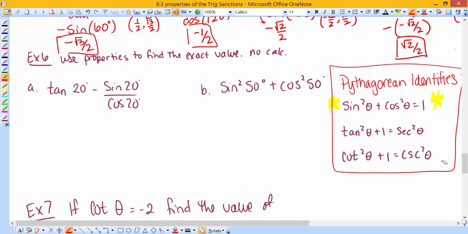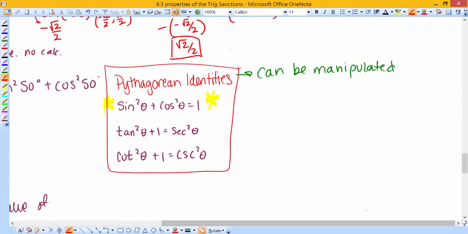We will see this more in chapter 7, but you are getting a brief introduction. The one I have highlighted, sine squared theta plus cosine squared theta equals 1, is probably the most important and used Pythagorean identity. I can go to any angle and I could find, actually, let me just prove it.